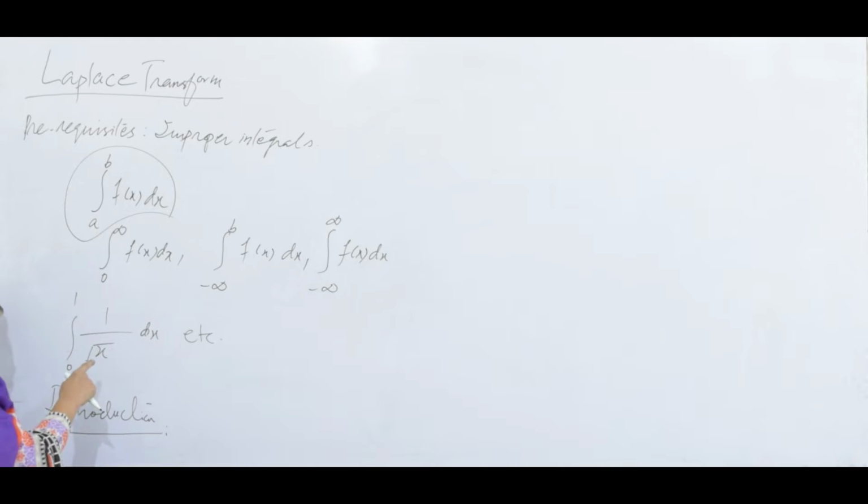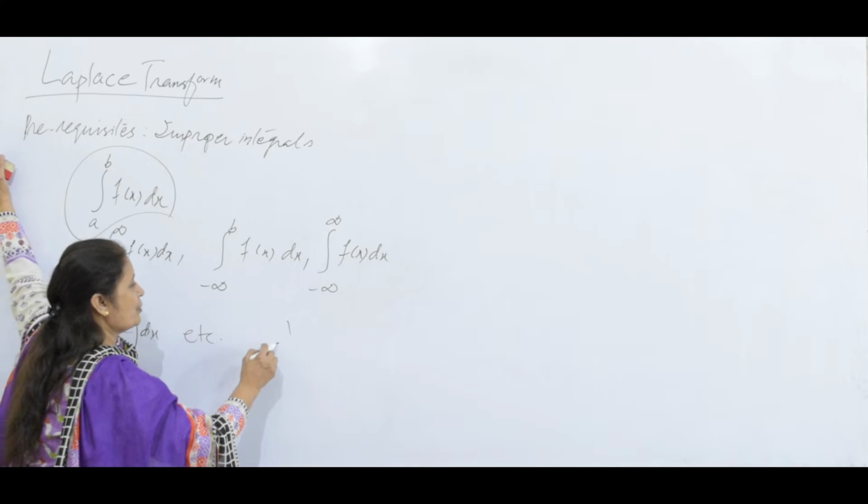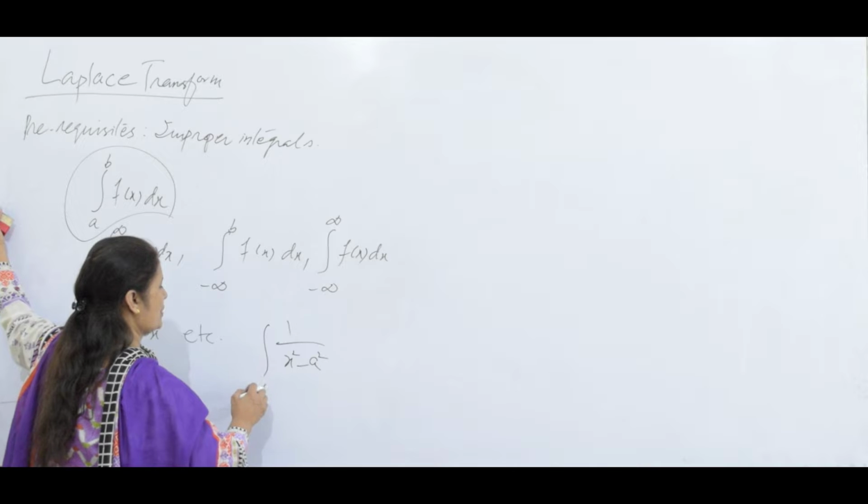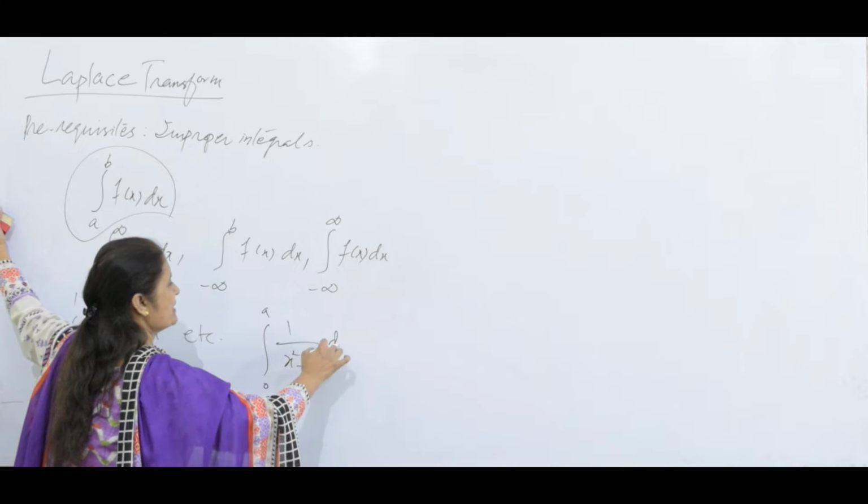Or one other thing, if this function is undefined at one or more points of the interval. So the interval is 0 to 1. It means this function 1 over square root of x is undefined at x equal to 0. So I can write 1 over x square minus a square, integral from 0 to a, dx.